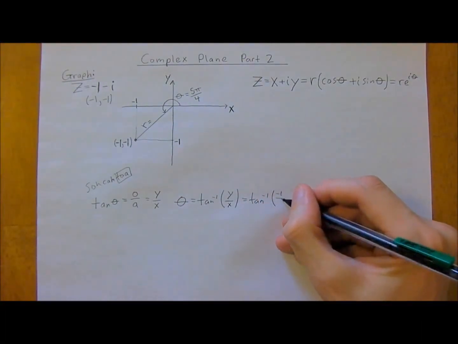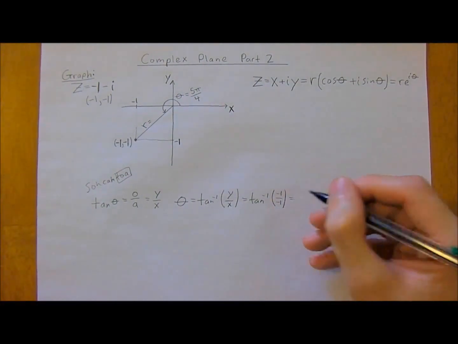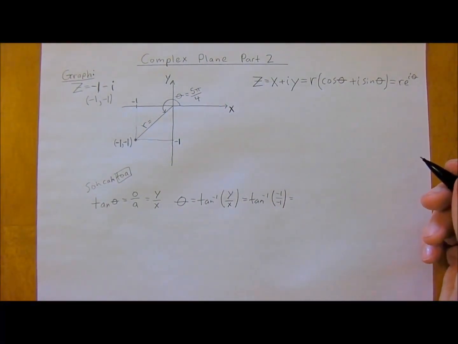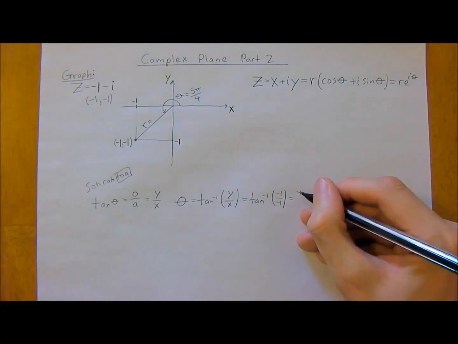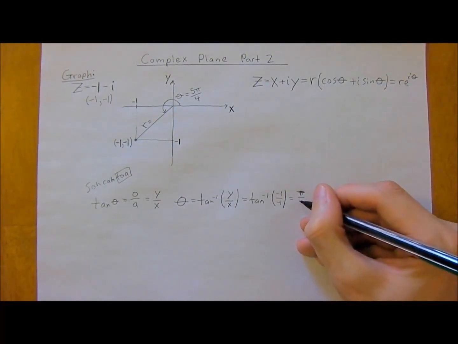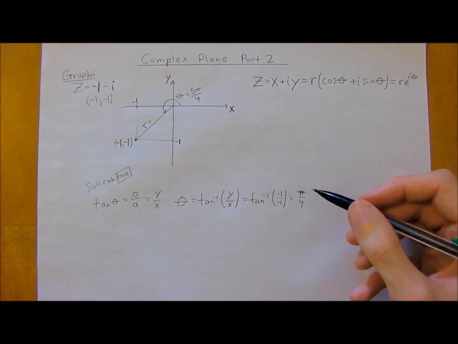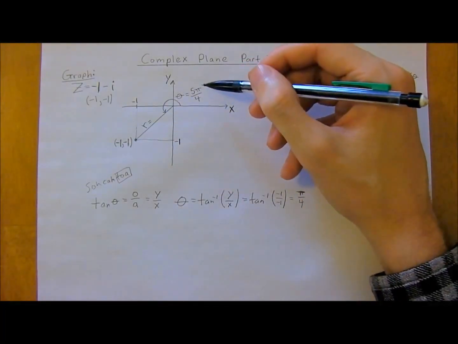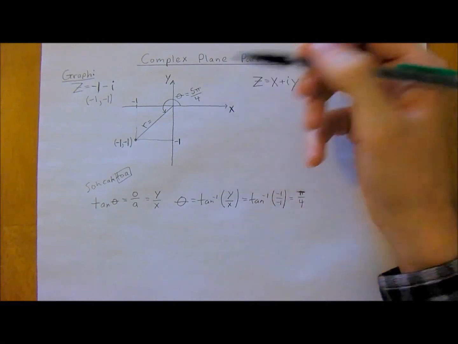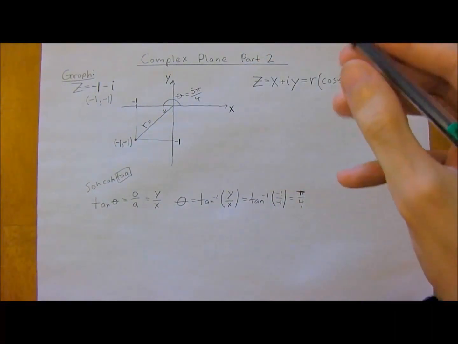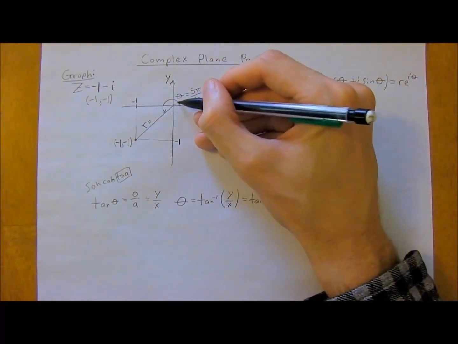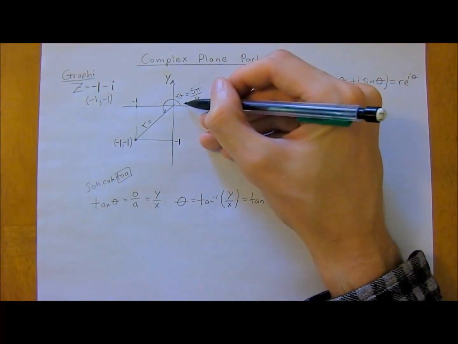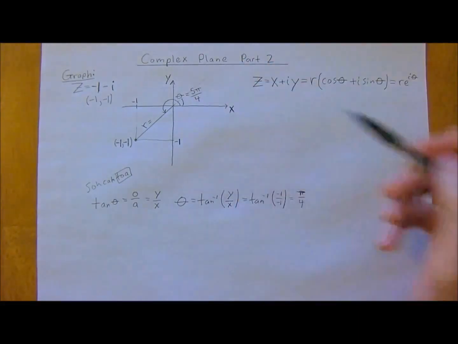So -1 over -1 would have given the angle of pi divided by 4, which is clearly wrong because we can see from the graph that the actual angle is 5 pi divided by 4. So in this case, using trigonometry, it would have said the angle is just right here, but that's not the case.